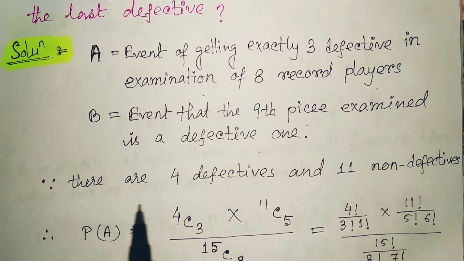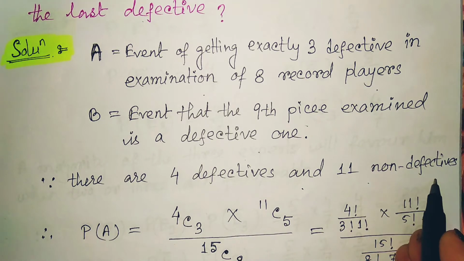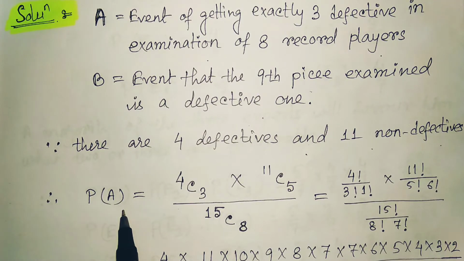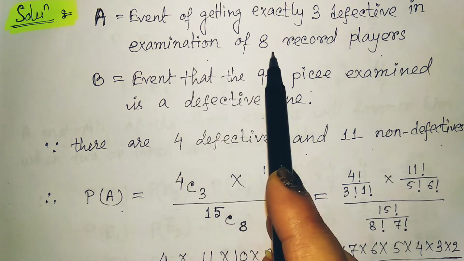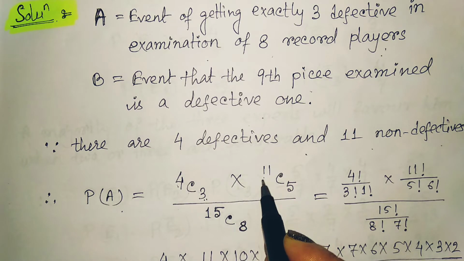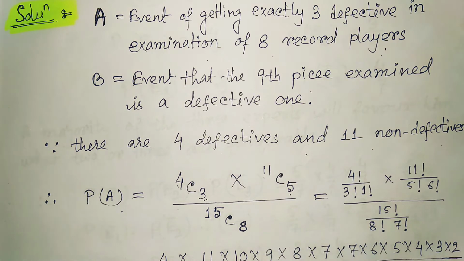Now there are 4 defective and 11 non-defective record players, because the total is 15. Therefore, the probability of A, getting 3 defectives in 8 examined record players: out of 4, 3 can be chosen in 4C3 ways. And out of 11, the remaining 5 are chosen, total 8 items examined. So out of 11 perfect record players, 5 can be chosen in 11C5 ways. Total 15 are there and 8 can be selected in 15C8 ways.